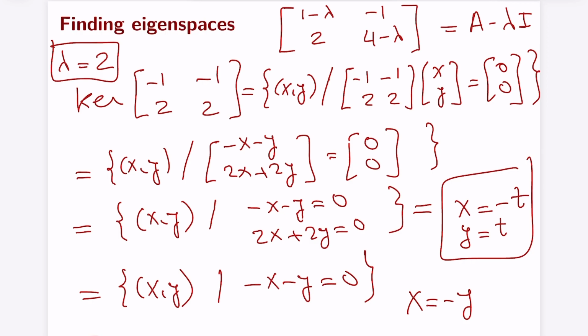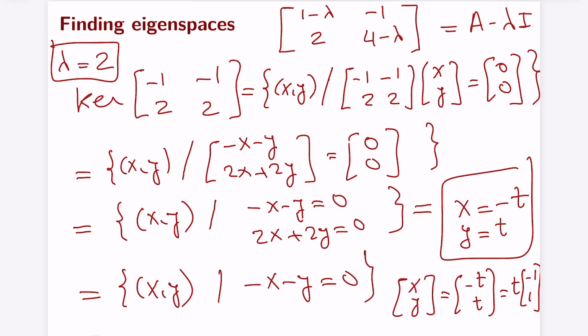In particular, any of these vectors can be written as a vector x, y, that is the vector minus t, t. It is the same thing if I take the parameter out, that is t times minus 1, 1. So we can take the parameter out, and so we have here a basis of the space.